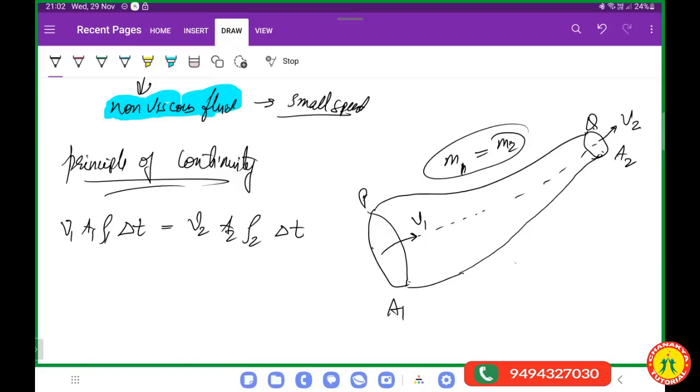So what will happen? Whatever amount came in should exit. But now the area has decreased, so it has to increase the speed. That is V2. V2 will increase. Here area decreases, V2 increases. Density is the same in this condition, as I am talking about water and a pipe.